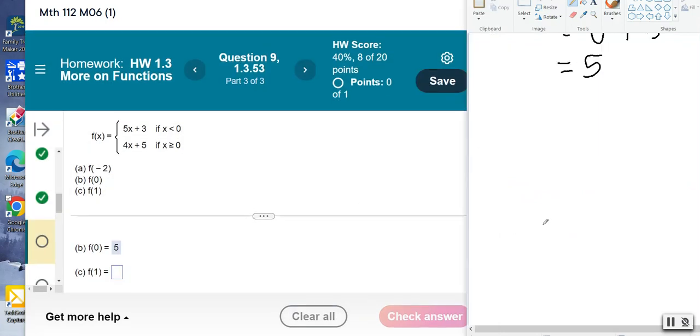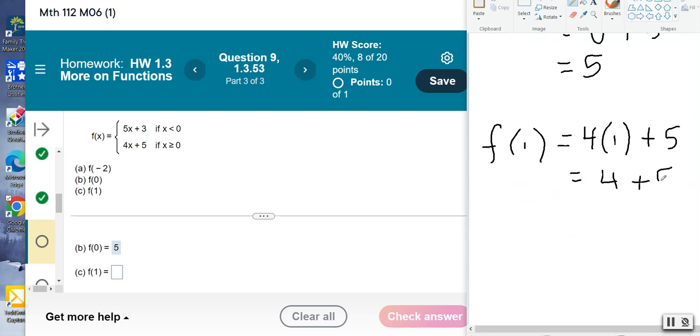F of 1, I look for the piece that 1 is located in. Well, 1 is greater than 0, so 4 times 1 plus 5 is 4 plus 5 is 9.